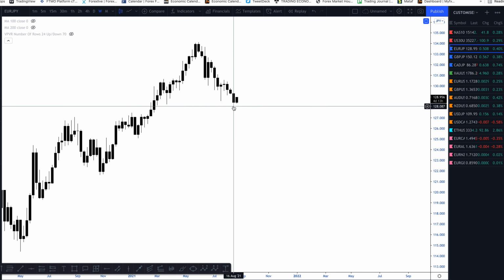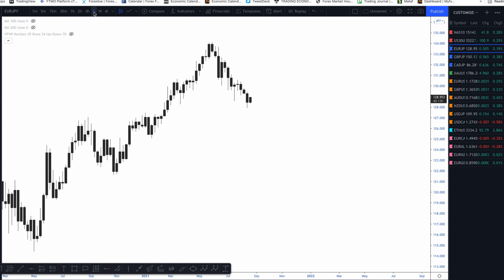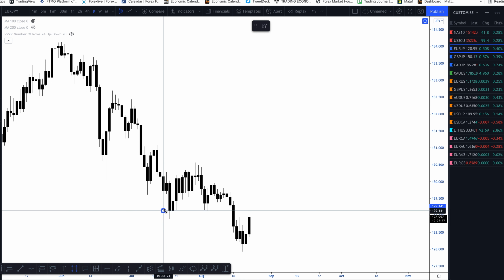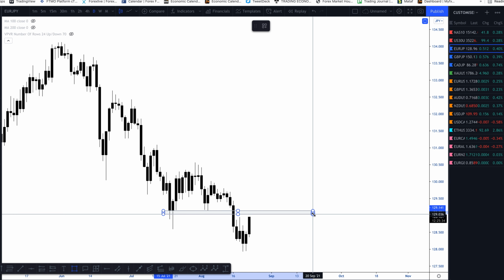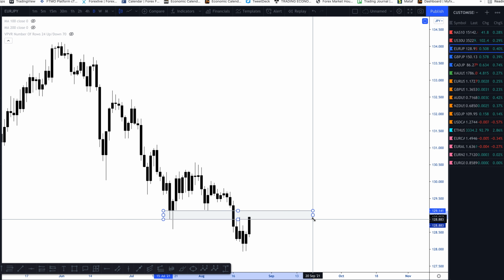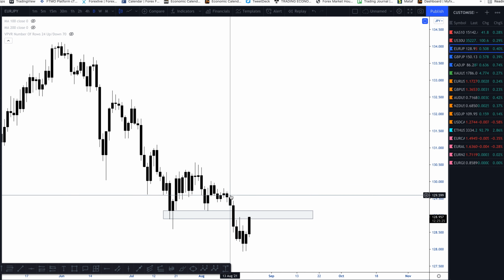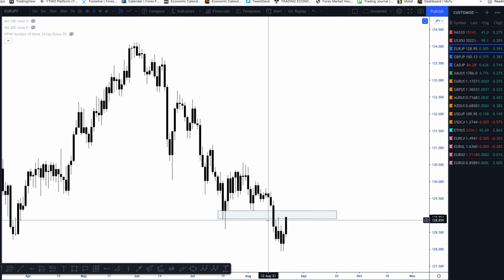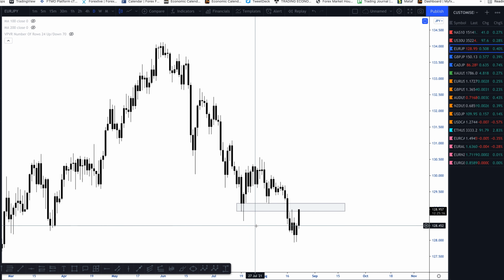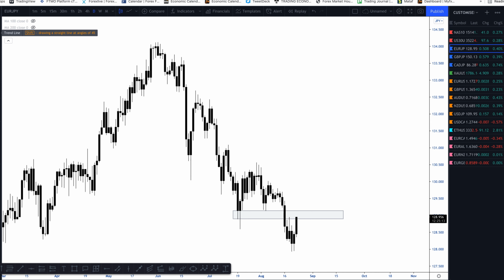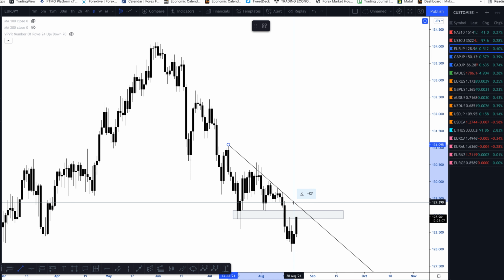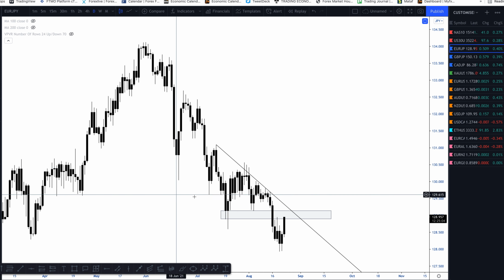And if we move to a lower time frame, we can see that we've broken a level of support. So will price respect this level of resistance now and continue to move down? That is the question. We can also see there is some strong downtrend happening here.